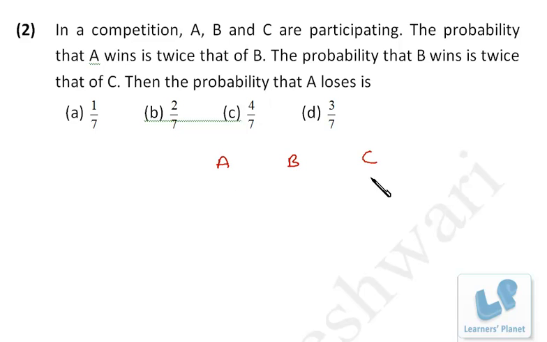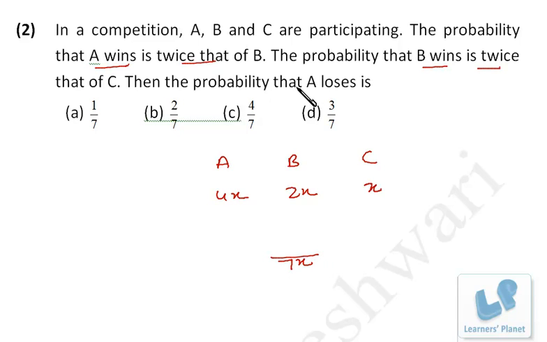I assume that the probability of winning the race of C is X. Then the probability that B wins is twice that of C, so it will be 2X. And A wins is twice that of B, that means it will be 4X, right? So the total will be 4X + 2X + X, that is 7X.